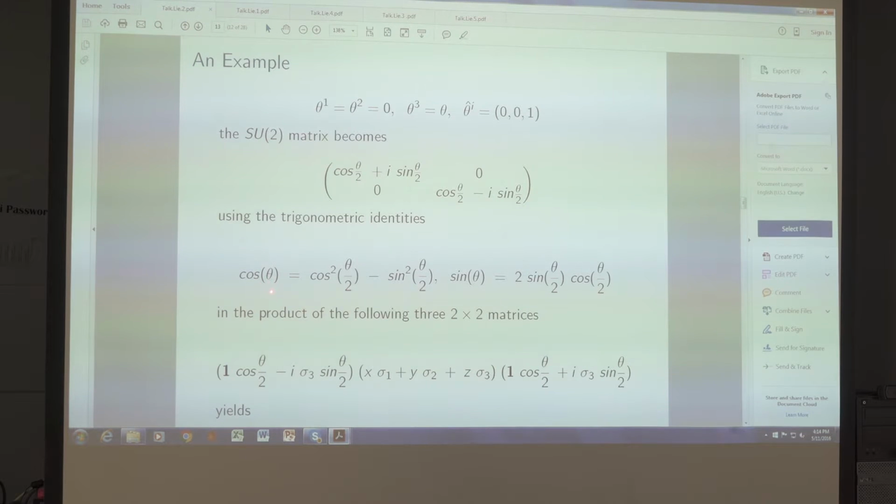Remember, cosine theta is given in terms of the half angle formula. Remember in trigonometry how to express cosine theta in terms of the half angle. And remember, the sine is given by this formula. And only because you have these trigonometric identities, let me just go back here.